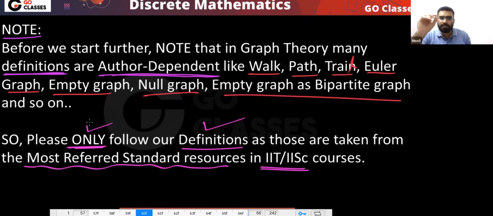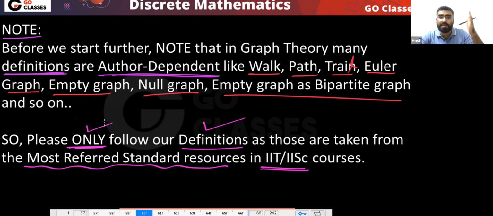Please don't come to me and say that in this book a different definition is given, because for every definition that we take, I will give you a screenshot of a standard resource. So if by chance there is any ambiguity in any GATE question, then you can challenge it, because all the definitions are taken from standard resources.